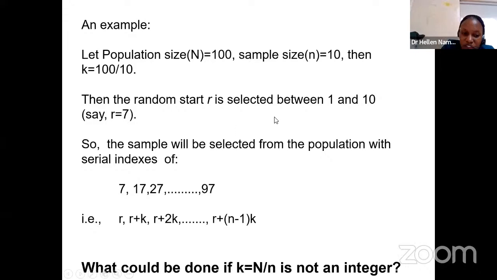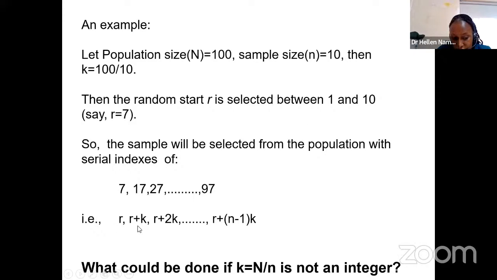But remember the interval is 10, so the next observation I include in my sample has to be 7 plus 10, which is 17. Then when I add 10, I get 27, so that will be the 27th position. That is the person I'll include in my sample, until I get the sample size that I want.